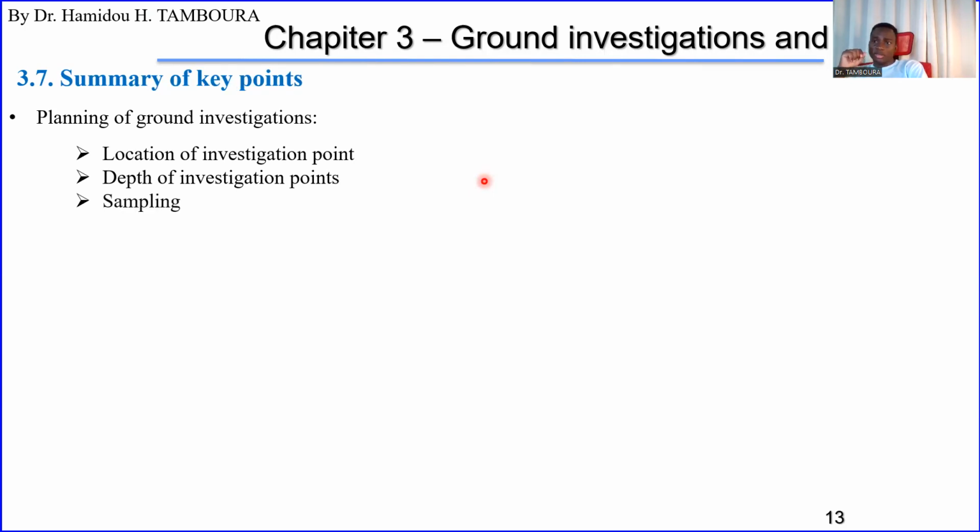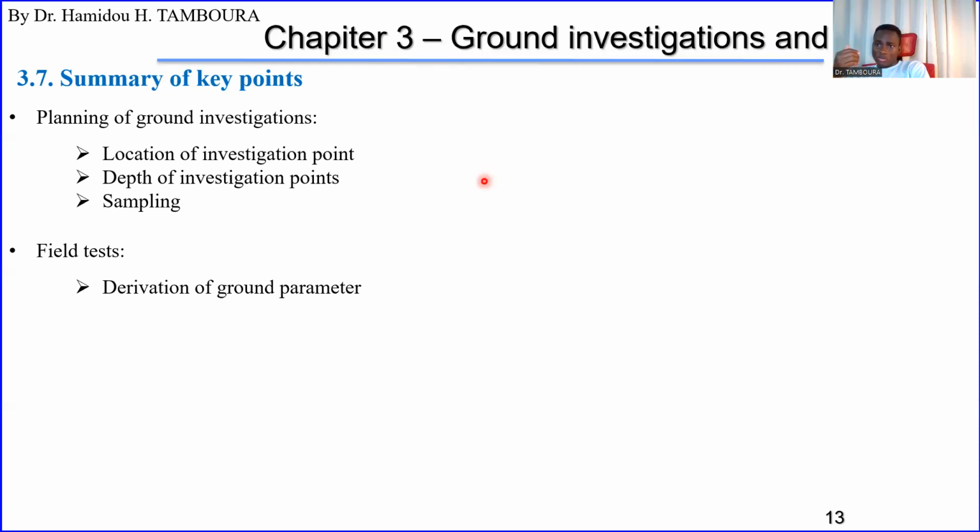And sampling. What did we say on sampling? You need a minimum number of samples, depending on the situation and what is required. Field tests: this is what we did just now. Derivation of ground parameters: I have explained how we can get some soil parameters from the CPT test.